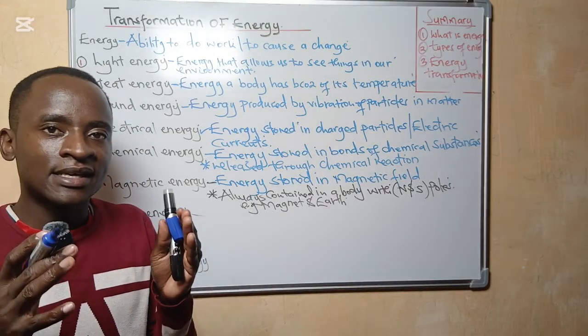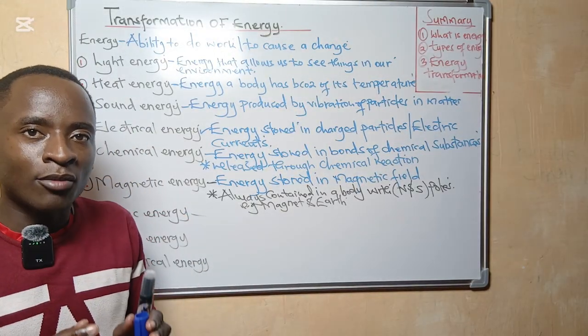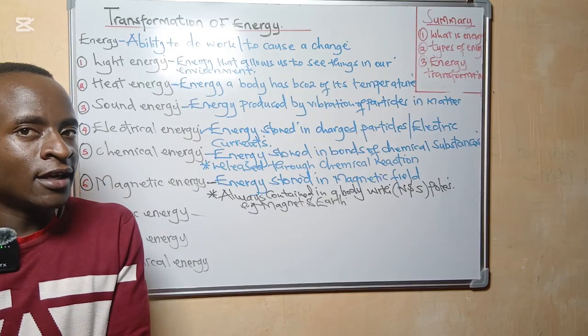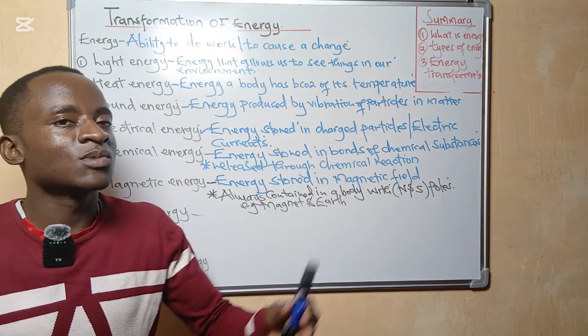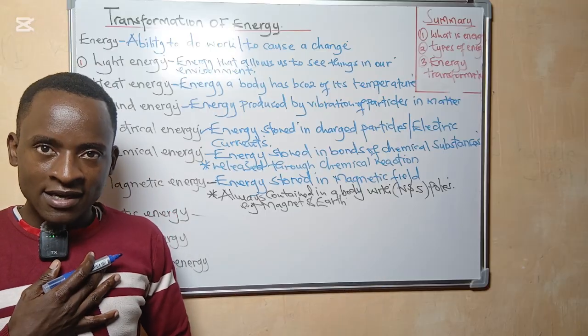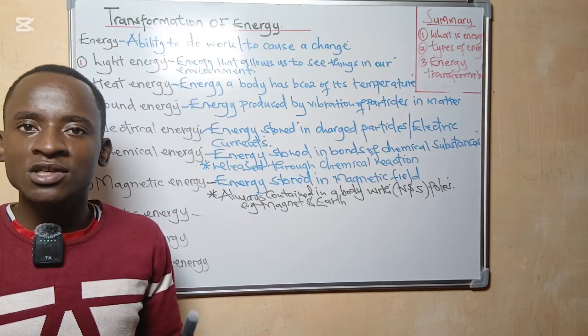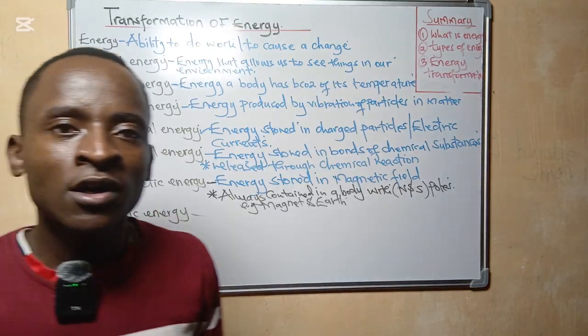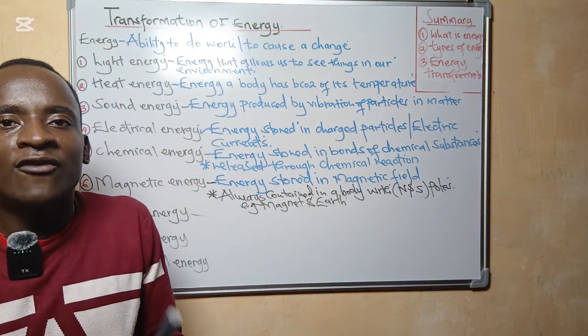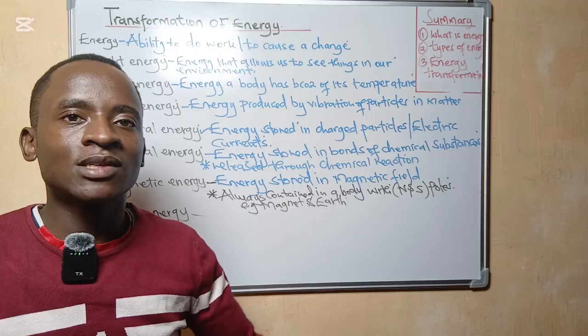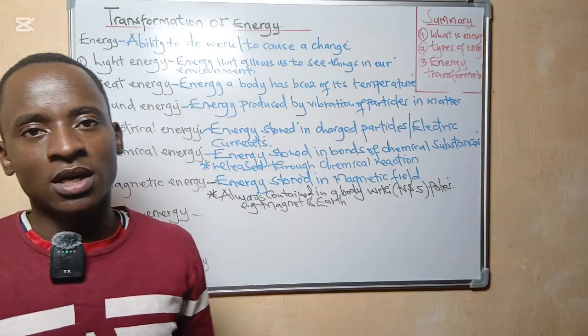This is energy a body has when it's in motion. A form of energy a body has when it is moving. I am standing here. I'm possessing potential energy. When I begin walking, my body now changes to kinetic energy, a form of energy a body has when it is in motion.